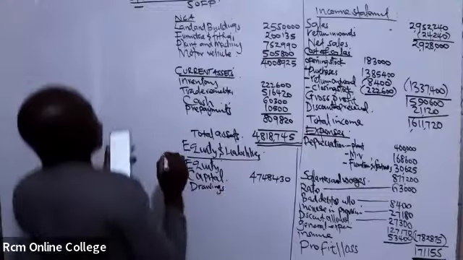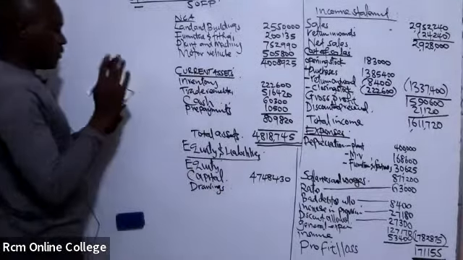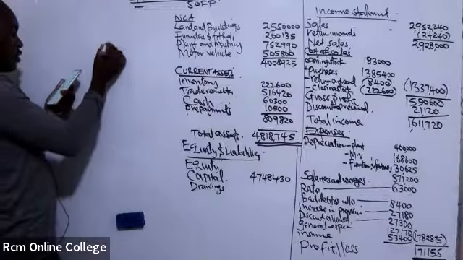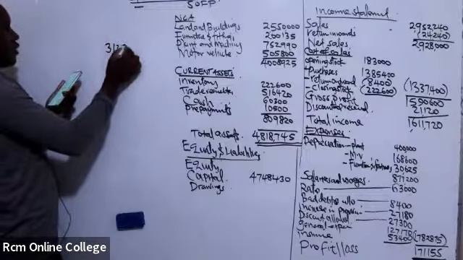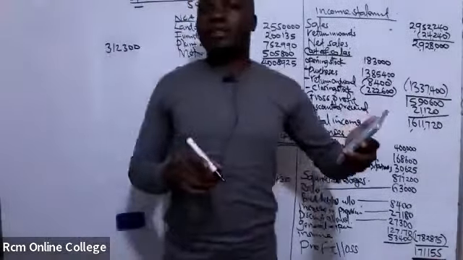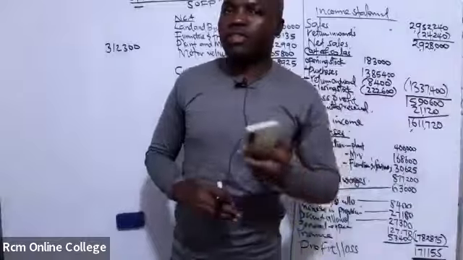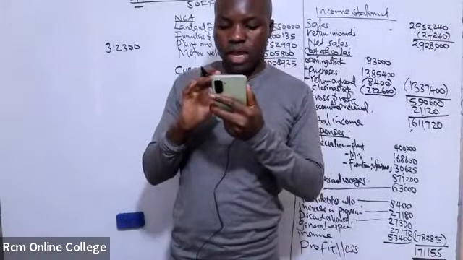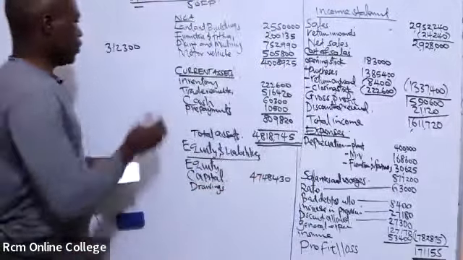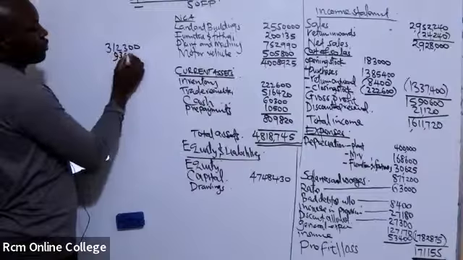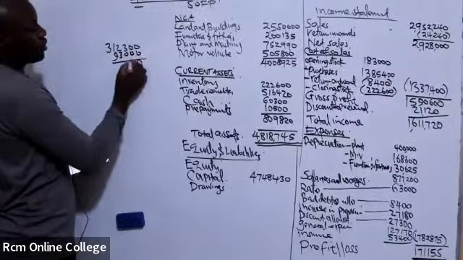Drawings. Now, drawings will appear twice. The first one is the one given in the trial balance, which is 312,300, right? Then we also need drawings for the salaries that were for this person's domestic workers, which were adding up to 93,000. So to these drawings, we need to add 93,000, right?